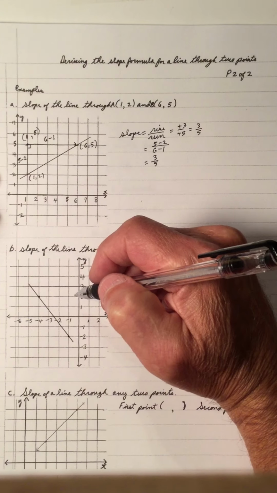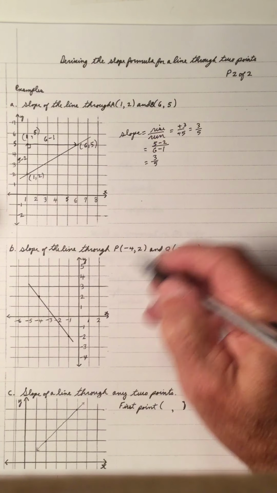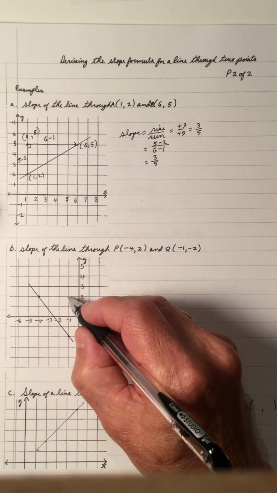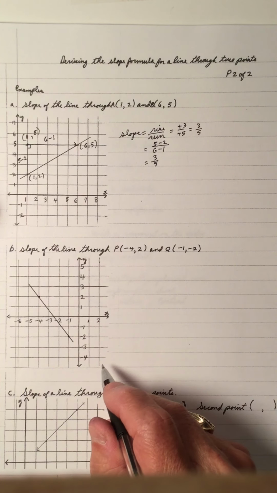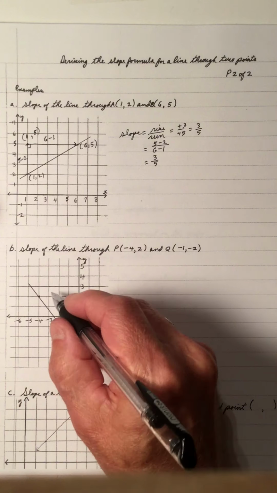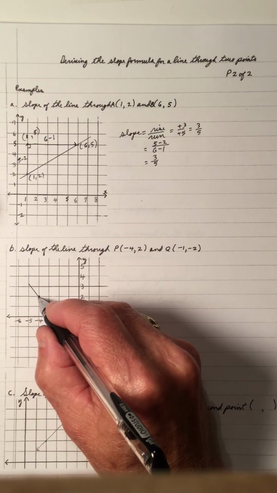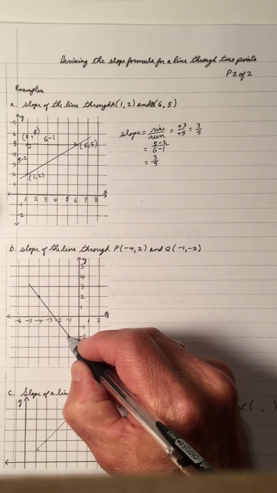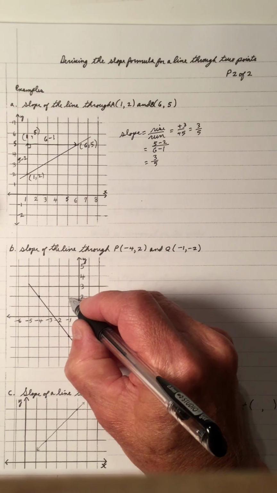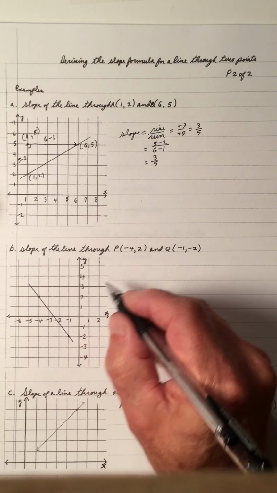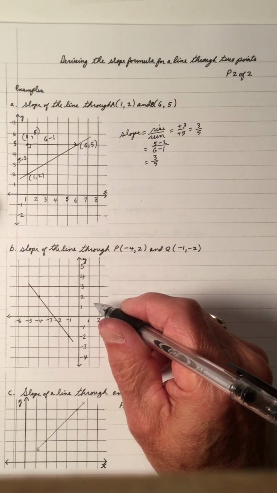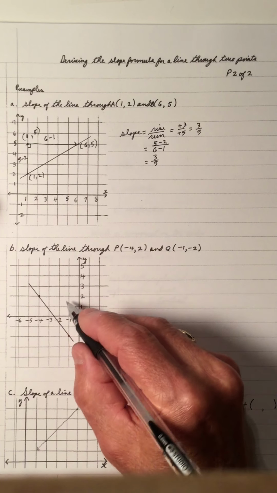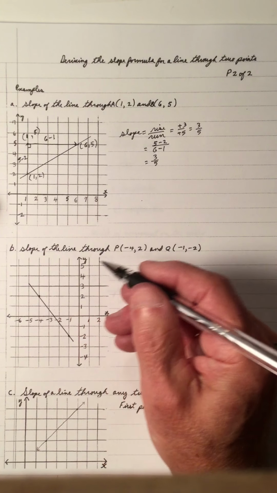Normally the slope is the difference in the y's over the difference in the x's. We can go down and to the right, or we can go up and to the left. The slope is negative, so we can go either way.